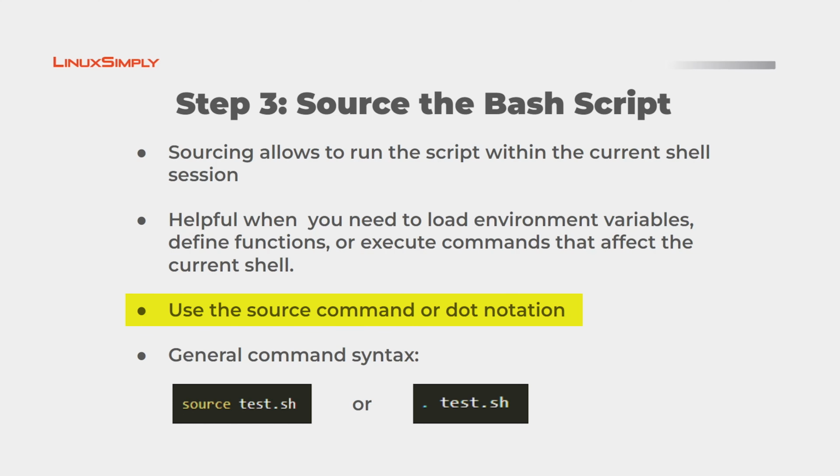We use the source command or the dot notation for sourcing the script. Previously, using the ./ notation, the shell created another subshell, or another shell session, to generate the output. However, using sourcing, it will generate the output within the current shell session.